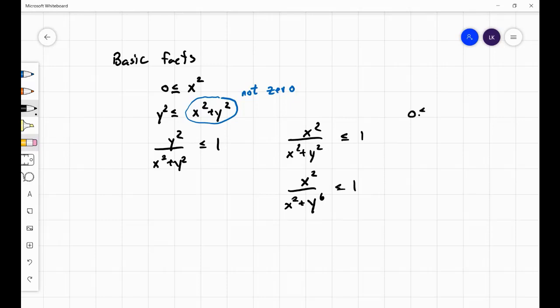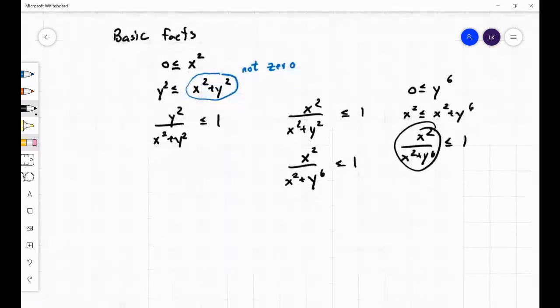I'm mentioning this because of Dr. K's homework. So clearly, y to an even power, like 6, is non-negative if you add x squared or any quantity to both sides. You'd still, after you divide, get that this expression is less than 1.